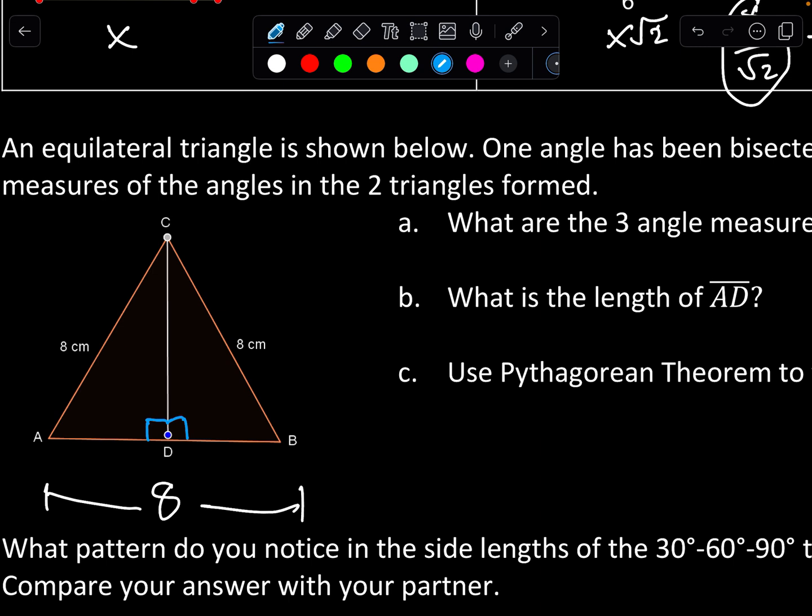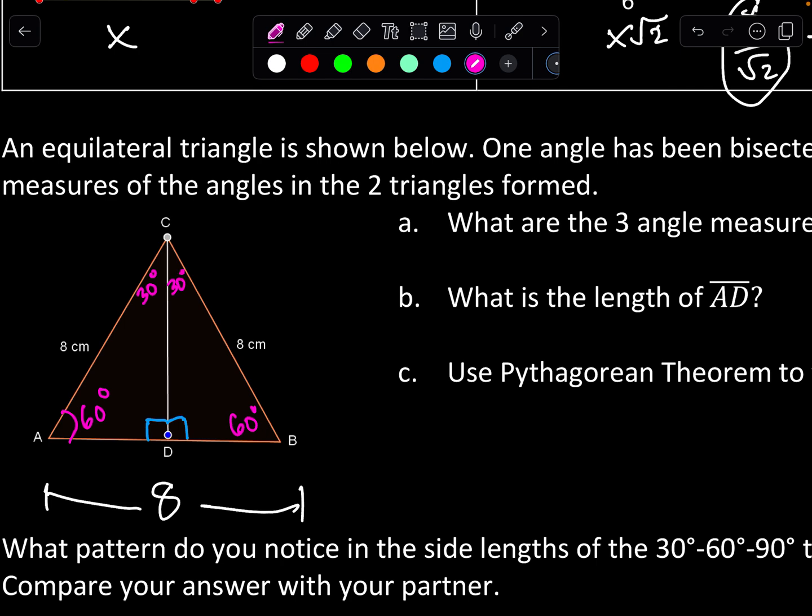Okay? So now we have split this into 2 triangles. And what do we know about an equilateral triangle? We know that all the angles on the outside are 60 degrees. So there's 60, there's 60, and this one right here is also 60, which if we split it in half means this is 30 and this is 30.